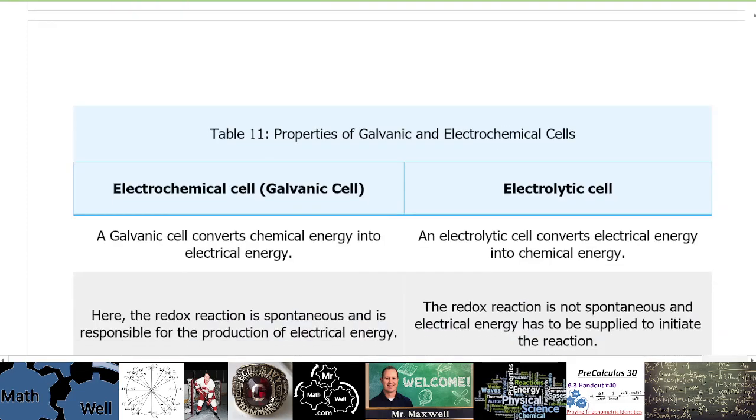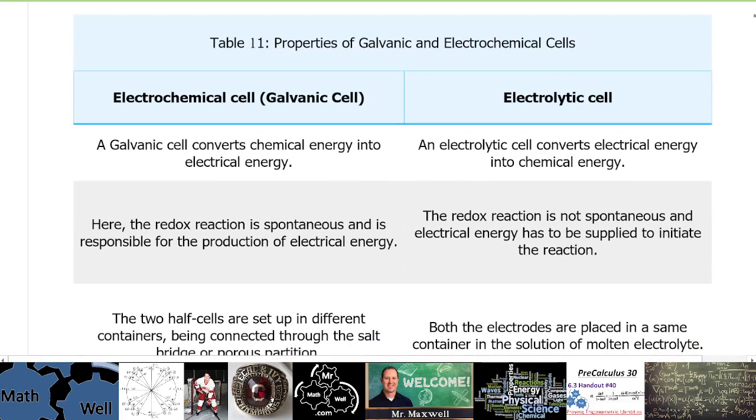Okay, so here's another chart to outline some differences, another way to look at it. So let's fill in these blanks. Electrochemical cell on the left, a galvanic or voltaic cell converts chemical energy into electrical energy. An electrolytic cell converts electrical to chemical, so it's reversed.